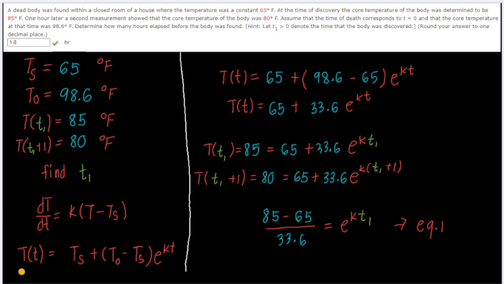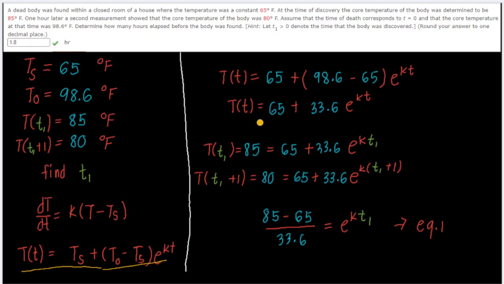T of t. Our T of t is Ts plus T0 minus Ts times e to the kt, where Ts is the temperature of the surrounding, T0 is the initial temperature of the body, and k is the constant of proportionality, and t is your time in hours.